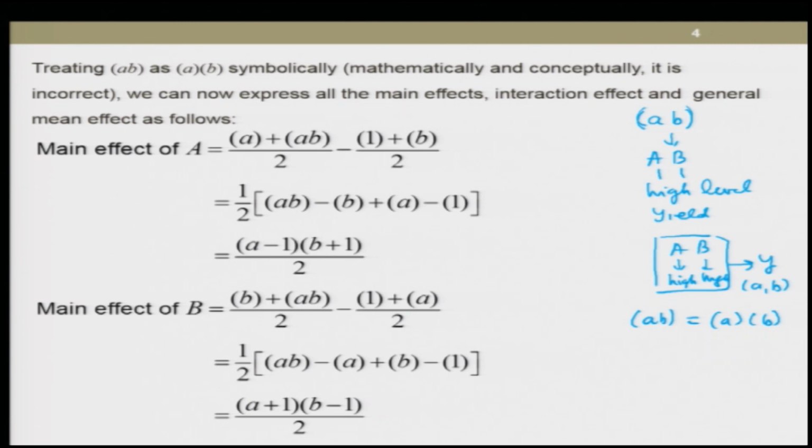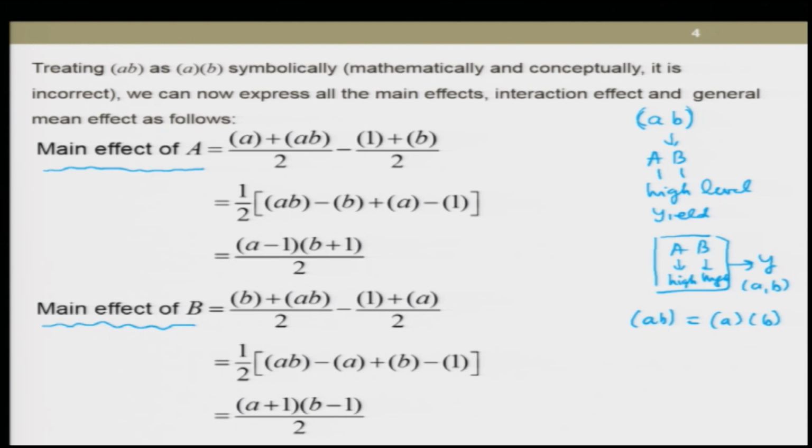You may recall that in the earlier lecture we found the main effect of irrigation and the main effect of nitrogen, which we denoted by factors A and B, and we found the main effects of A and main effects of B.